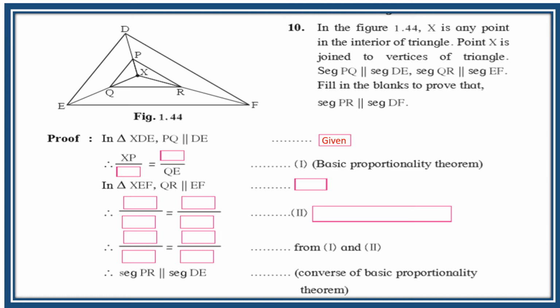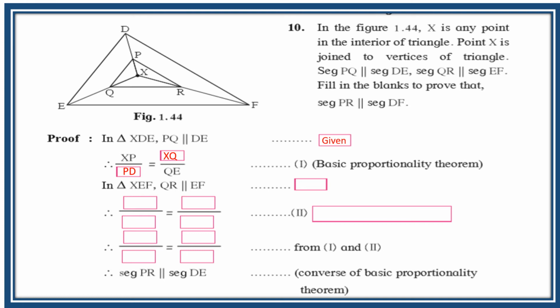The ratios XP upon PD and XQ upon QE are equal. So in the boxes, XP upon PD will be there and XQ upon QE. Reason for this is basic proportionality theorem, because PQ is parallel to DE, so it divides sides XD and XE in the same ratio. Same way in triangle XEF, we have QR parallel to EF.